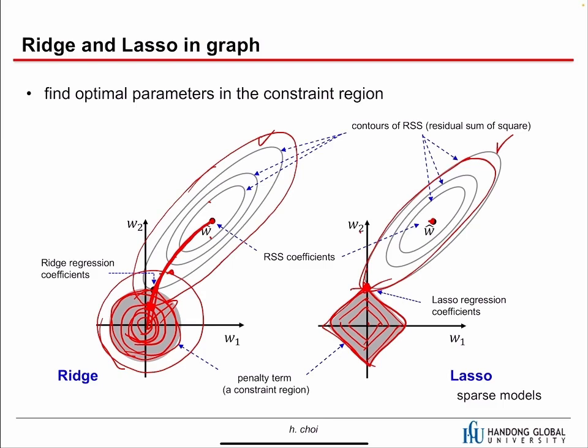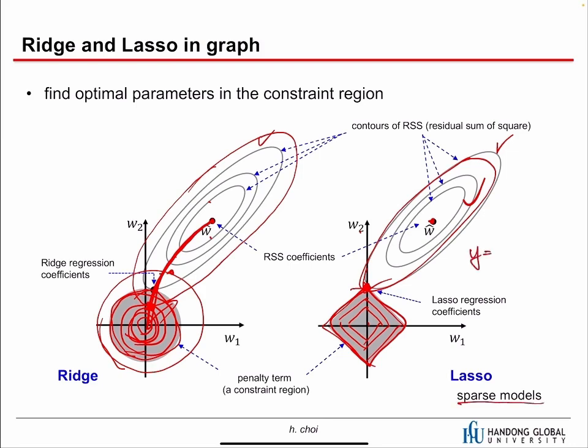Think about the high-dimensional vector for the parameter W. Then this objective function will meet lots of elements of the parameter W at 0. Okay, so lots of W sub i's will be 0. So it will have a sparser model. Think about this one.